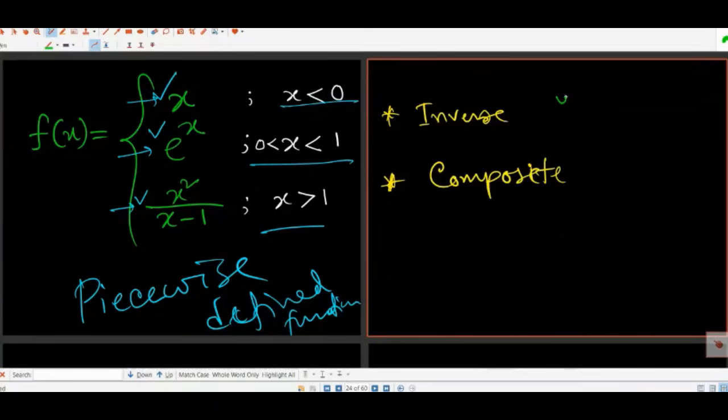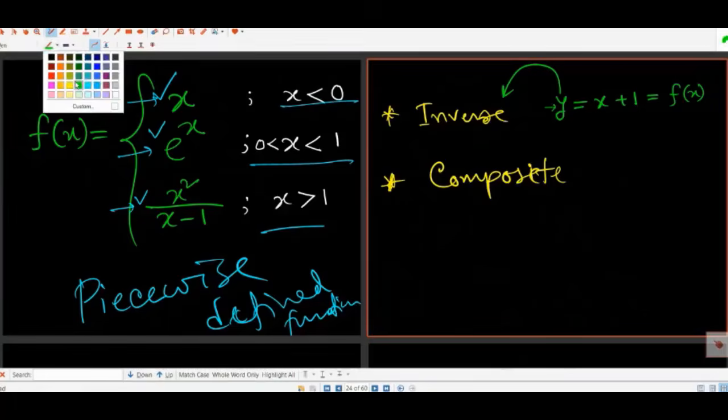Let's say we have y equal to x plus 1. So this is going with y equal to f of x. So if we target for inverse function of this original one, what we can do? We have to do some calculations.